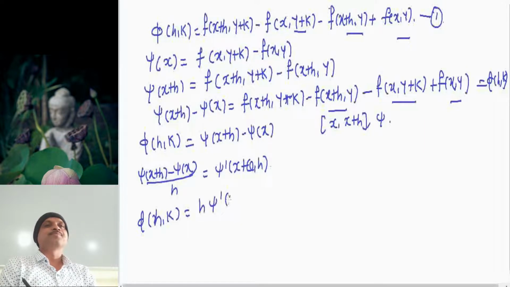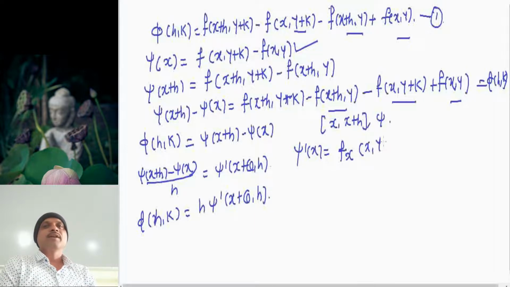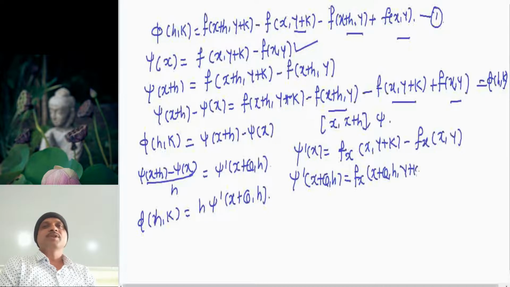But what is psi dash? Psi of x is equal to this one. So psi dash of x equal to the derivative with respect to x: f_x(x, y+k) - f_x(x, y). Then psi dash at x + theta 1 h equal to f_x(x + theta 1 h, y+k) - f_x(x + theta 1 h, y).